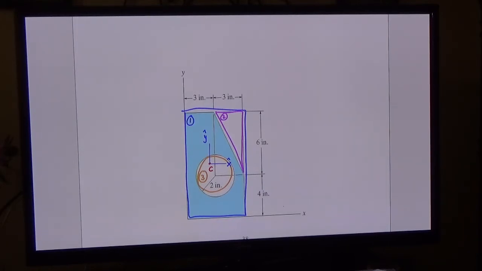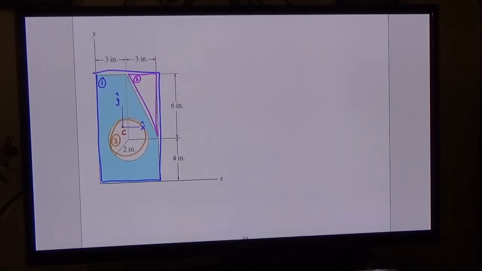I have the centroid location already plotted for the body. So remember, for the body, the centroid location is at some coordinates of x bar and y bar. So these distances are labeled as x bar and y bar.